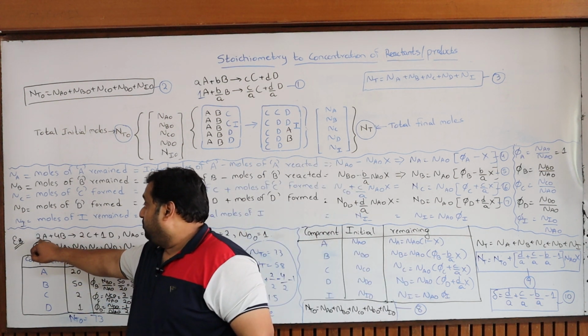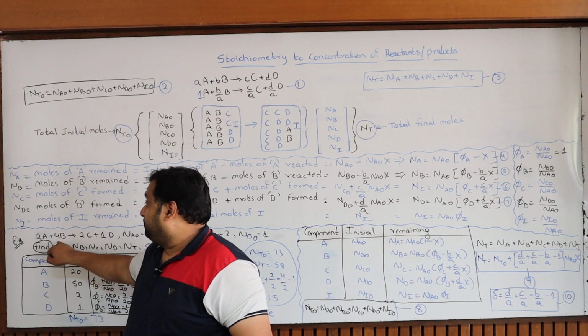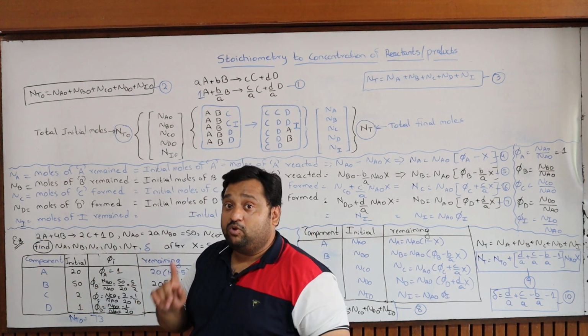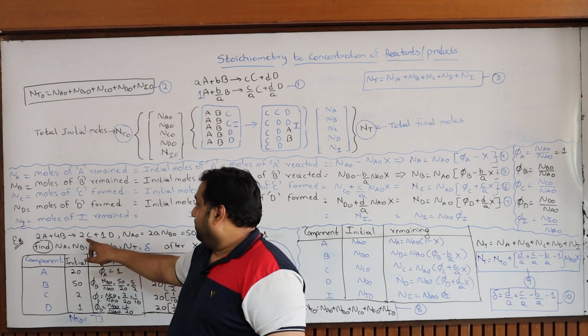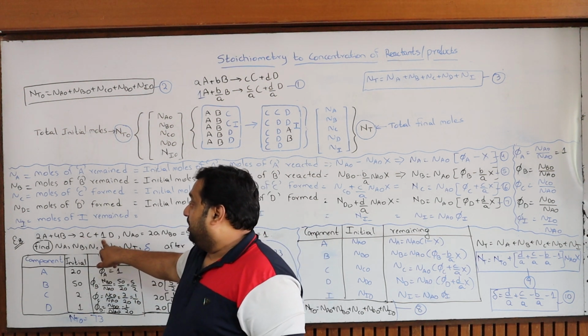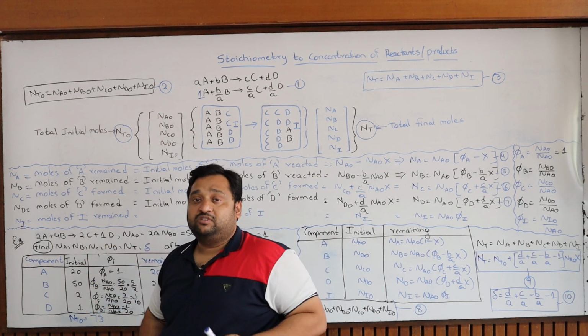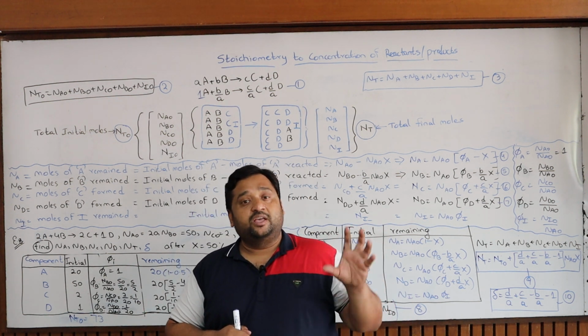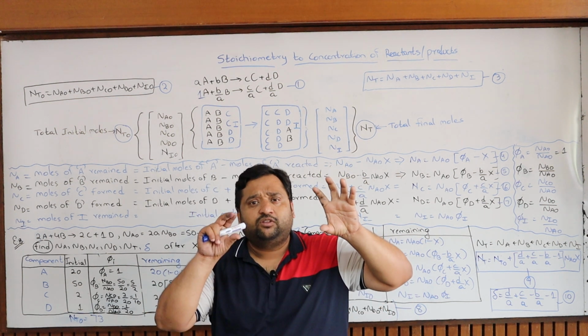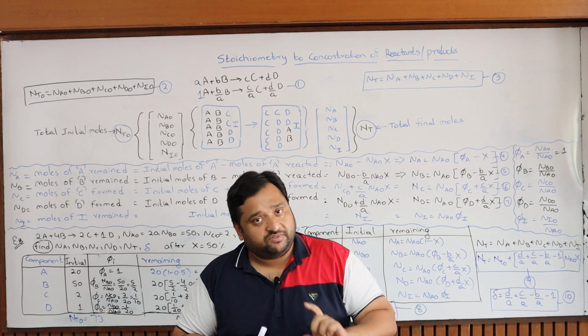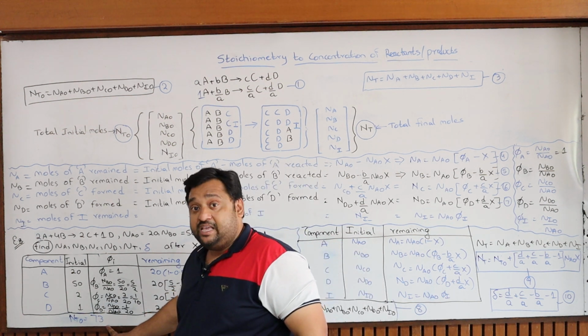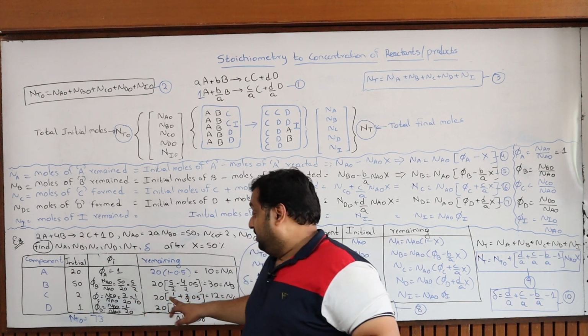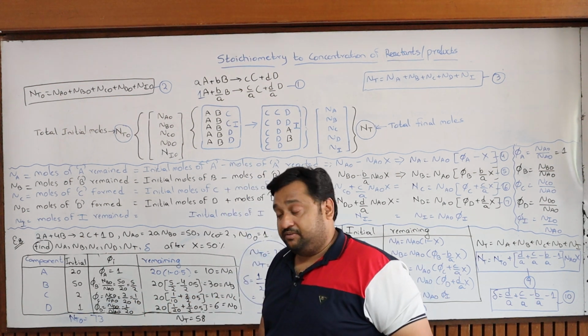Total initial moles is 2A plus 4B, that means 6 moles of reactant, and on the product side 2 plus 1, only 3 moles. That means 6 moles are always getting reacted while 3 moles are getting formed. Because of this, the moles will be higher before the reaction and lower after the reaction.